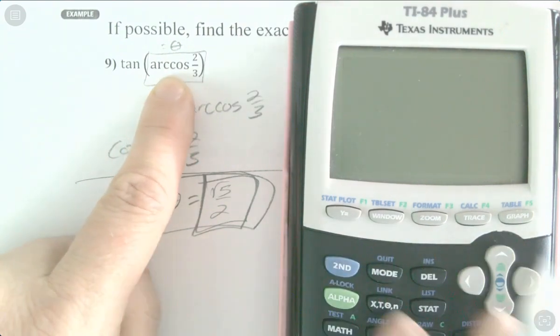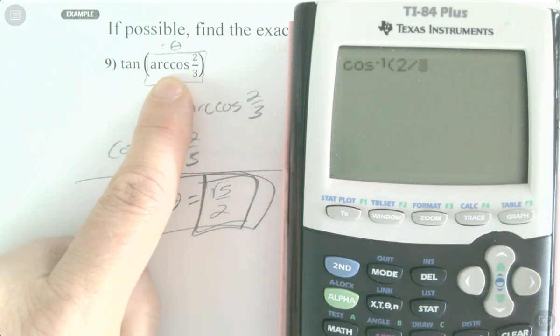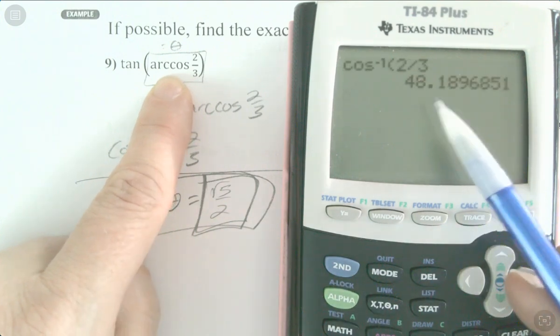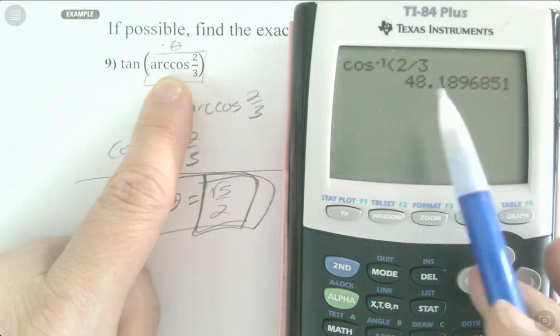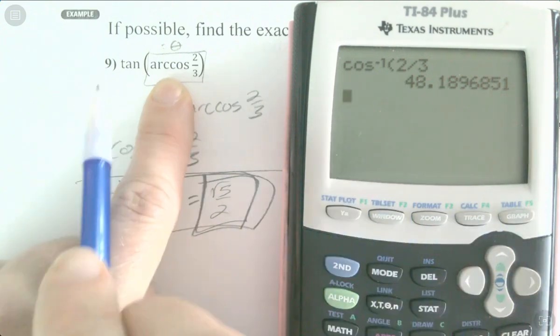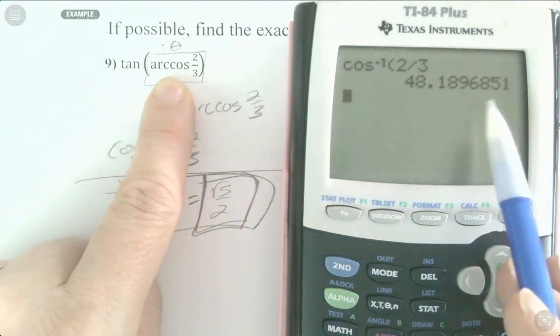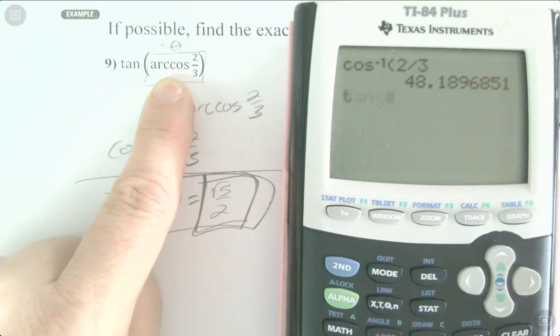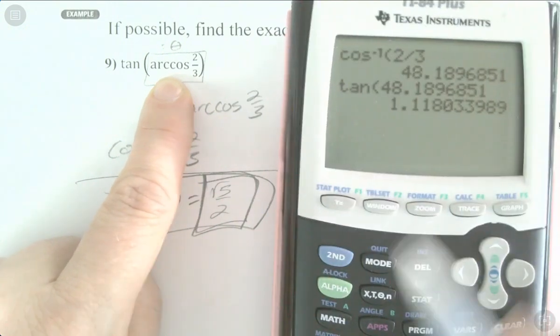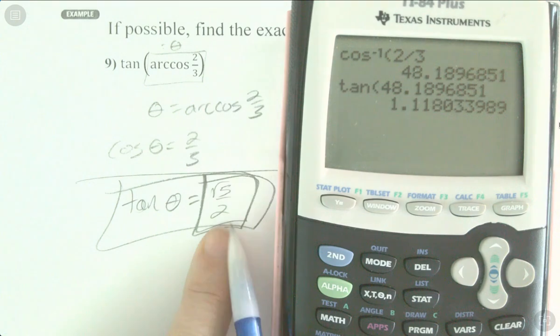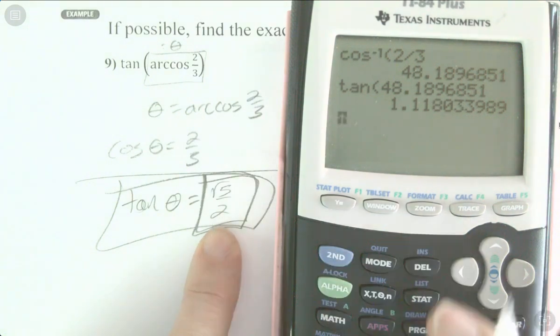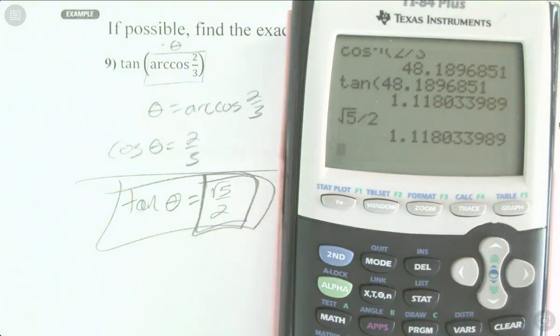If I do the inside, arc cosine of 2/3, your calculator returns this 48-degree angle. Then they want to know what is the tangent of 48 point whatever. So you do tangent of that angle, and you get that decimal. When I did it by hand, I got root 5 over 2. So let's see, what is root 5 divided by 2? The same thing, therefore I'm right.